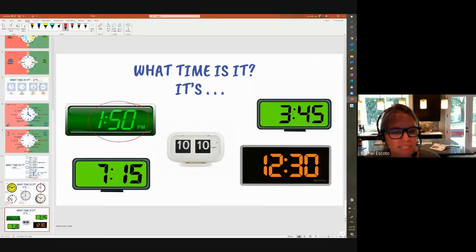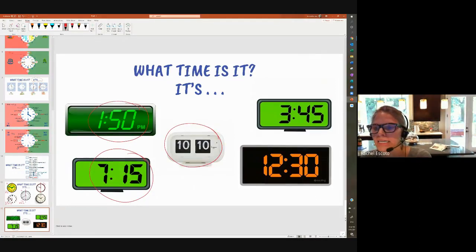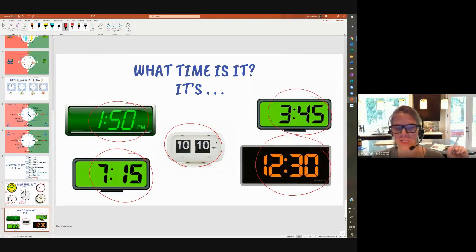It's 1:50, it's 7:15, it's 10:10, it's 3:45, it's 12:30. But we also need to know the past and the to. So if we think of this one as 1:50, is this on which side? Is it on this side or is it on this side?